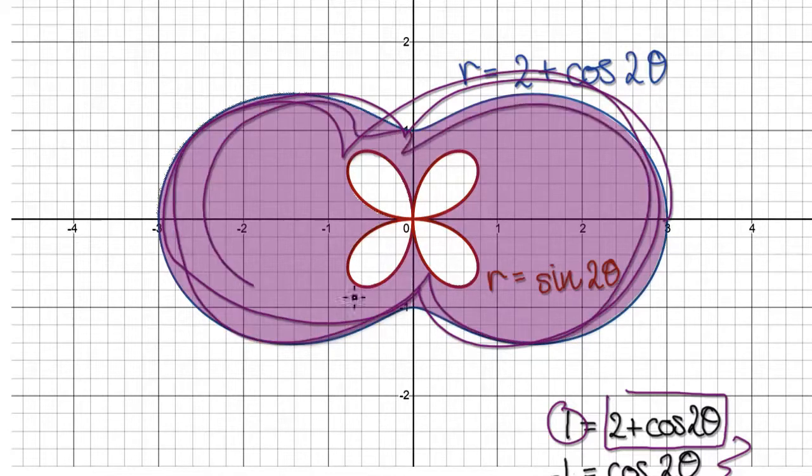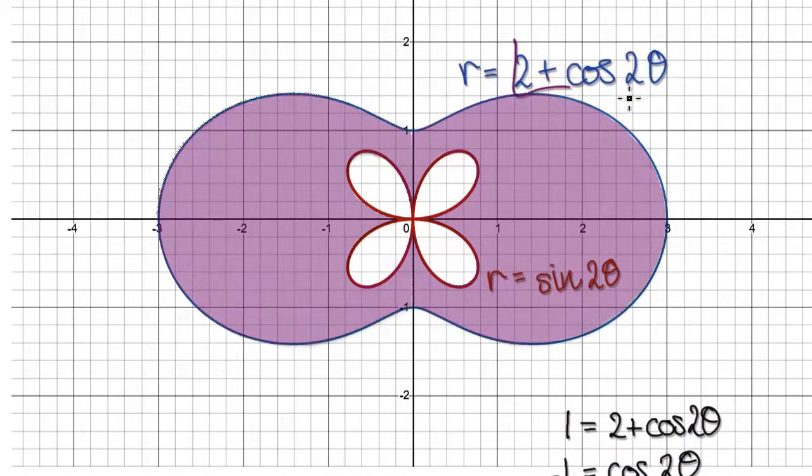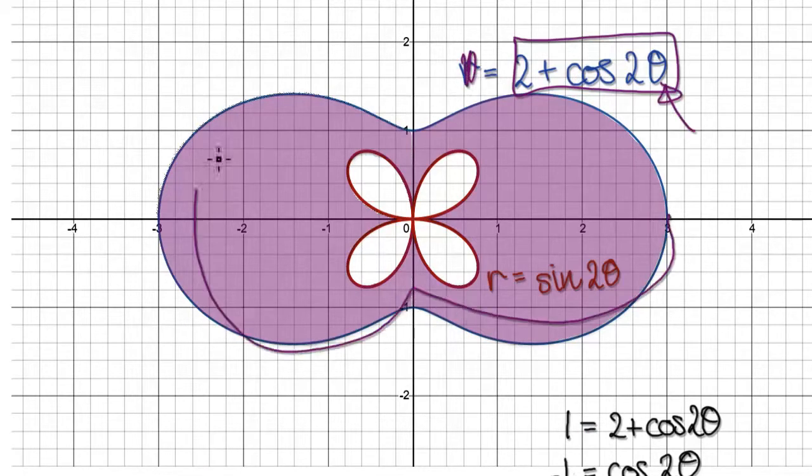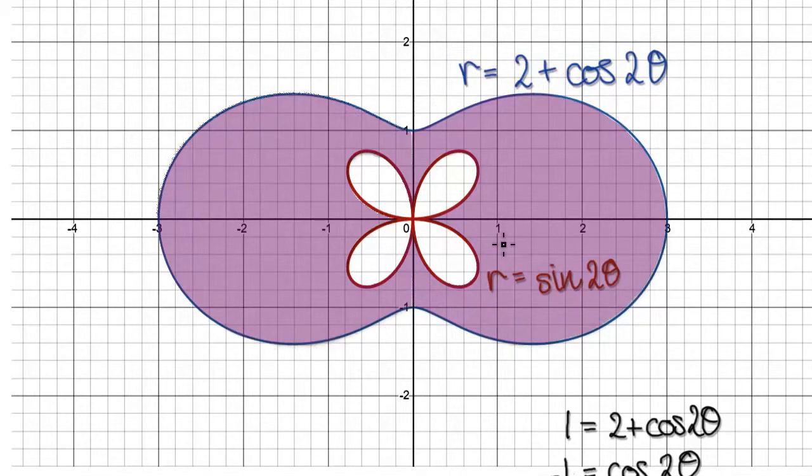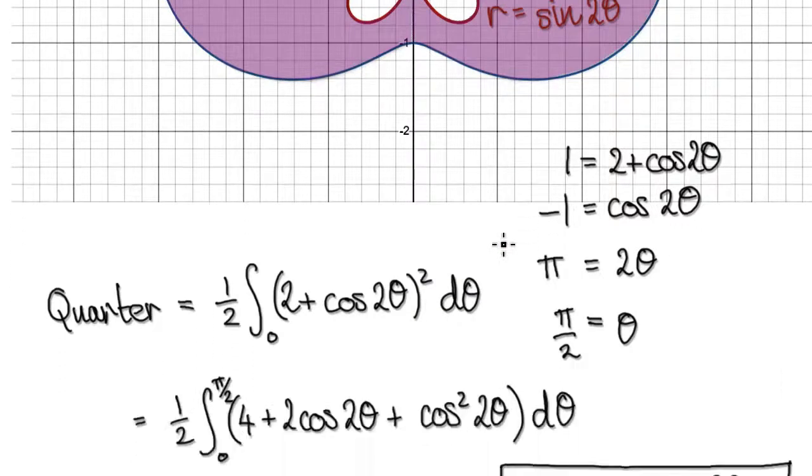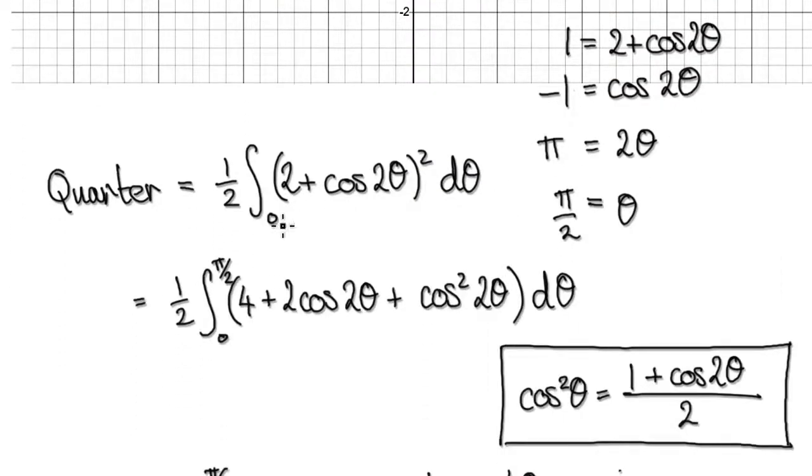So you've got to work out what angle will make the radius 1. For all we know, it could have gone backwards. But anyway, it turns out that we need to integrate it from 0 to pi over 2.